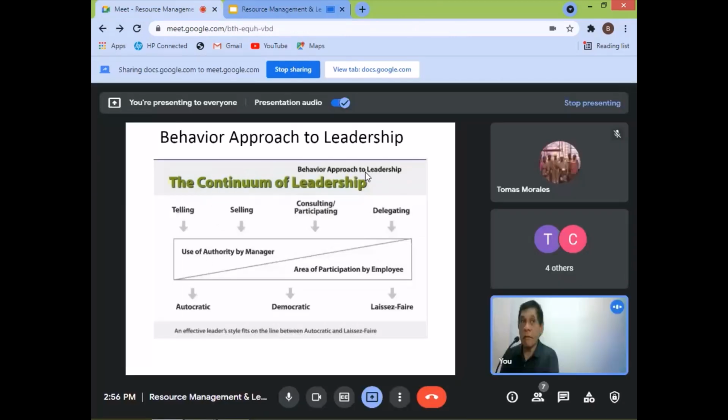So if the employee is new to the company, maybe first day on the job, second day, first week, second week, the manager has an autocratic leadership and is using the telling leadership style.